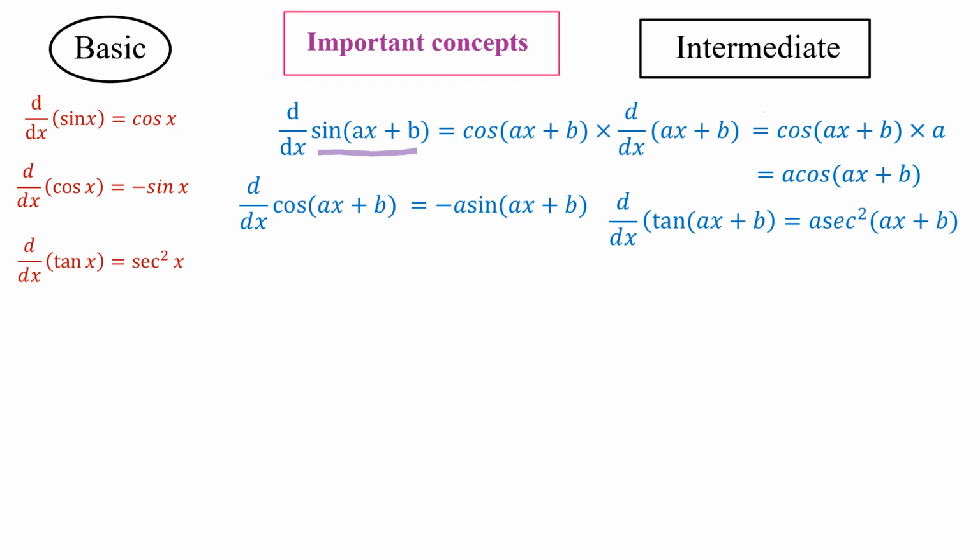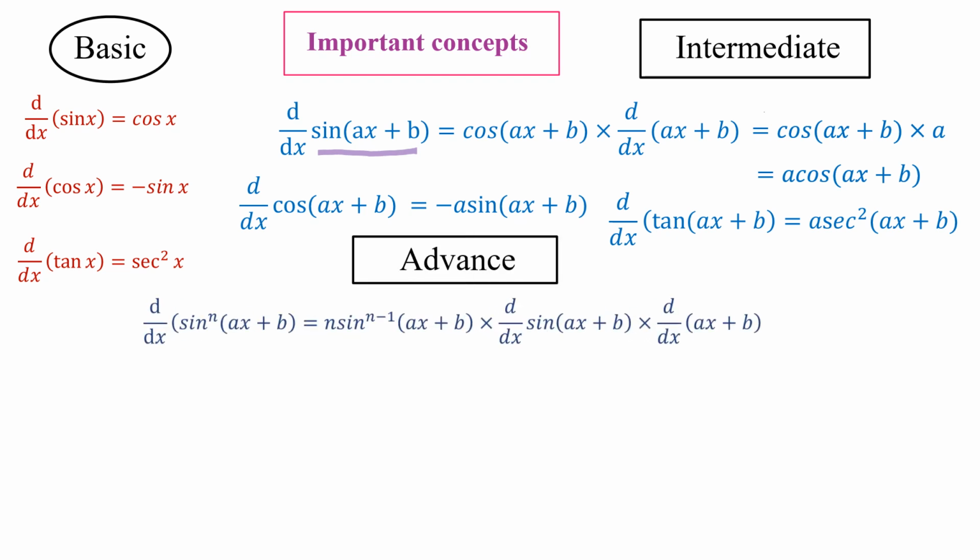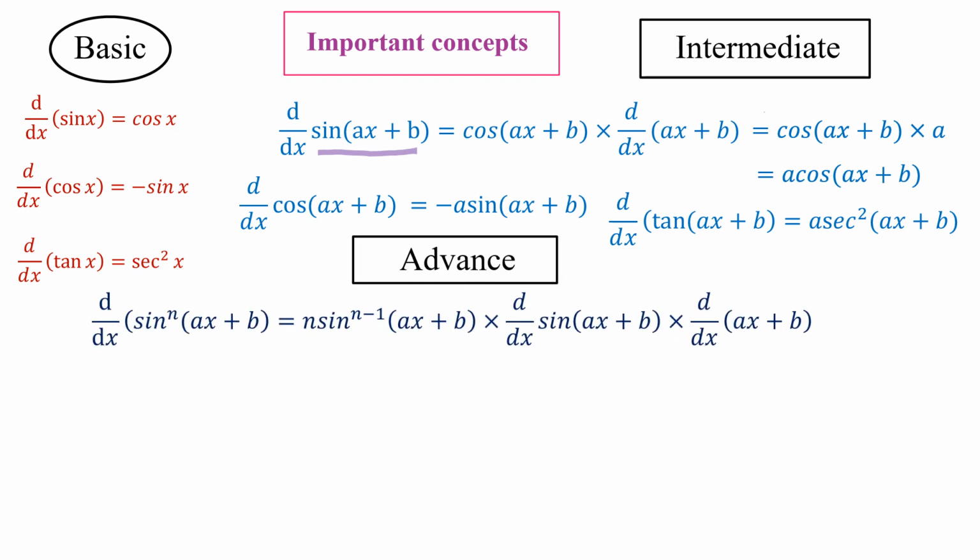Sometimes you'll be given a more difficult task, when you have to deal with a power. Supposing you're asked to find the derivative of sine to the power of n bracket ax plus b. In this case, it involves three steps. So what are the three steps?